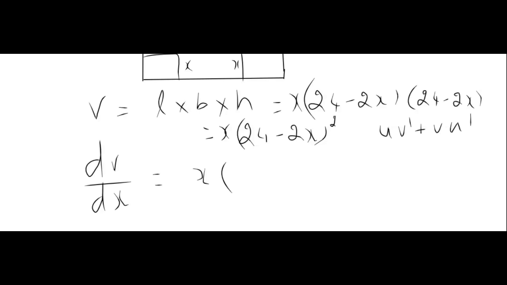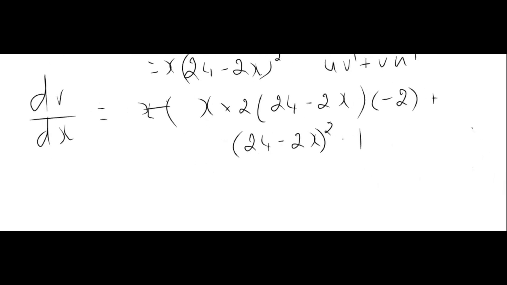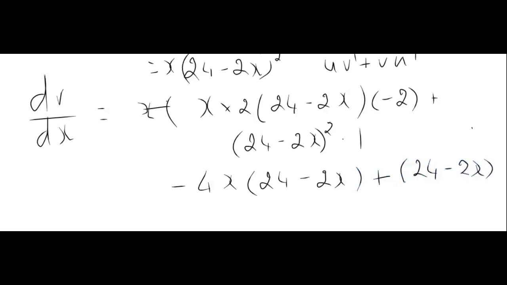So that will give you x into 2 times 24 minus 2x into minus 2, plus v u dash, v is 24 minus 2x the whole square into 1, which on simplification we get to be minus 4x into 24 minus 2x plus 24 minus 2x the whole square.